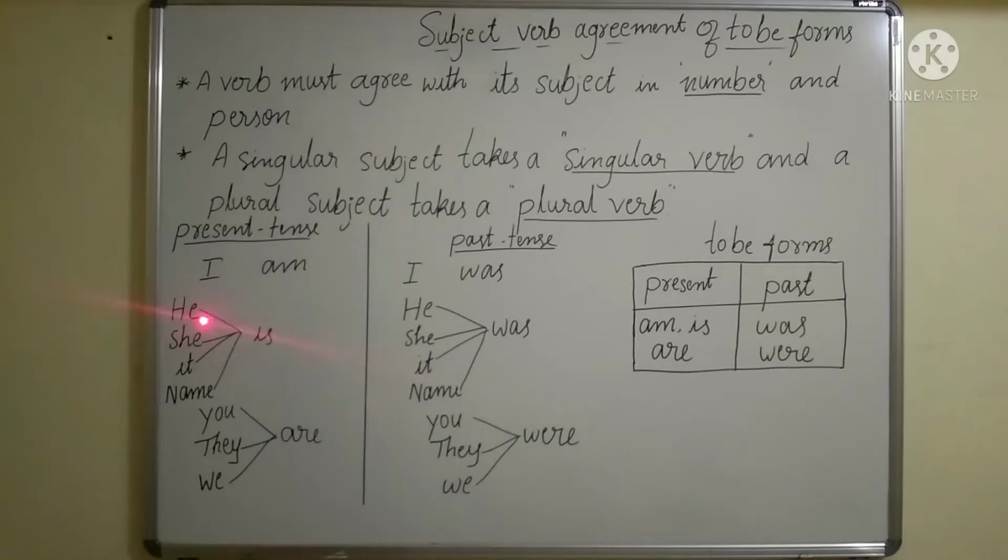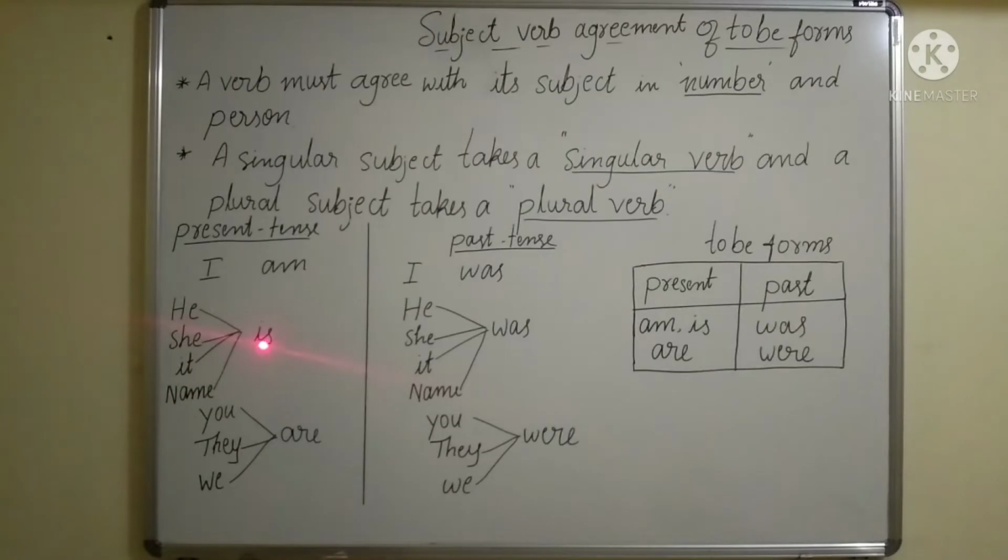Let's come to the third person. He, she and it and name. See, in the place of name we can take any name: Hari, Manu, Sheila, Sarala, and so on. Here, he is, she is, it is. In the place of it, we can take any things, I mean objects or animals, and so on.